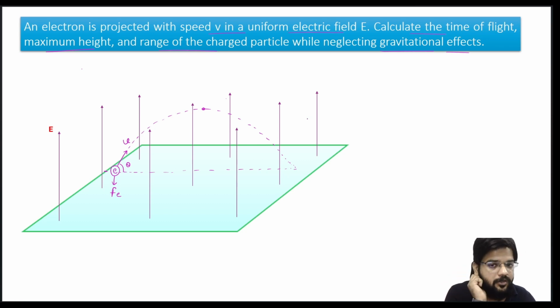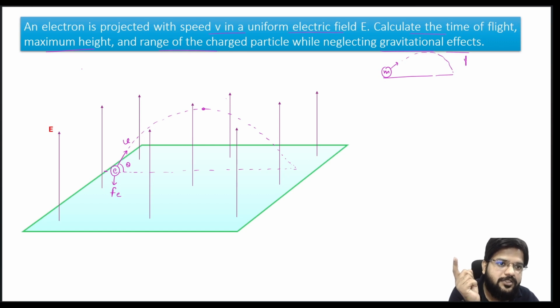When we throw a mass in the gravitational field, then on the mass we have gravitational force, and gravitational acceleration acts downward. So here the gravitational force provides the gravitational acceleration. That's why it is projectile motion.